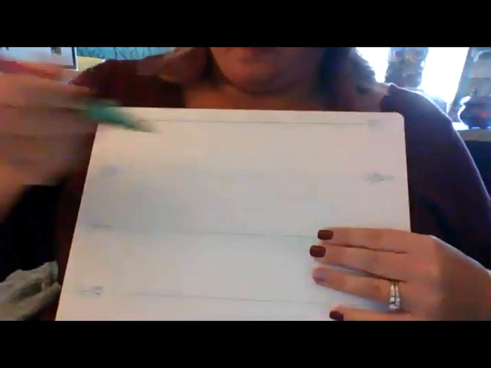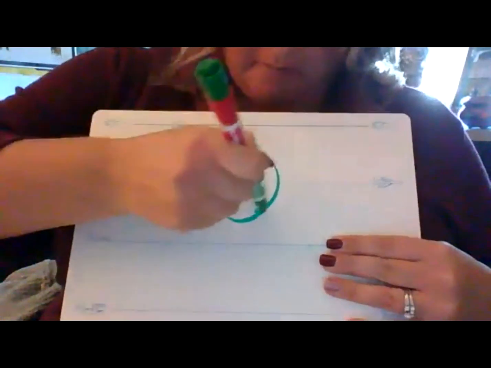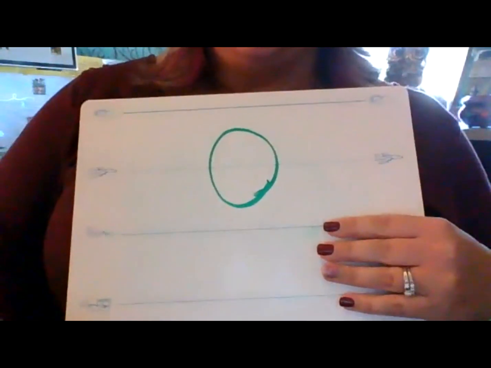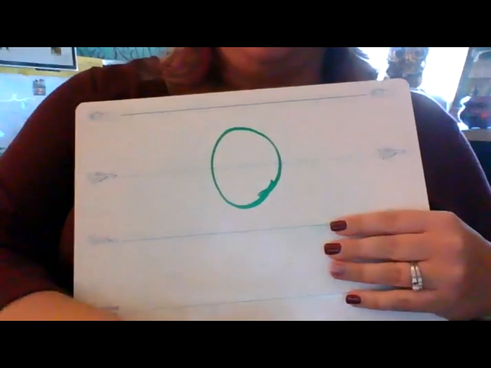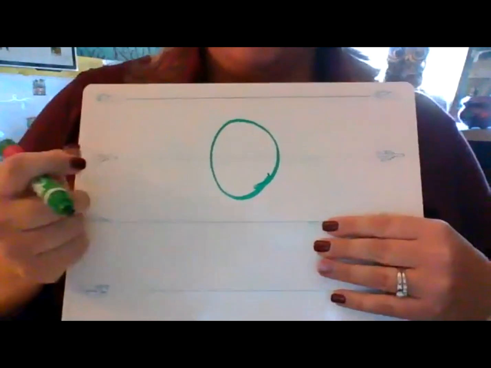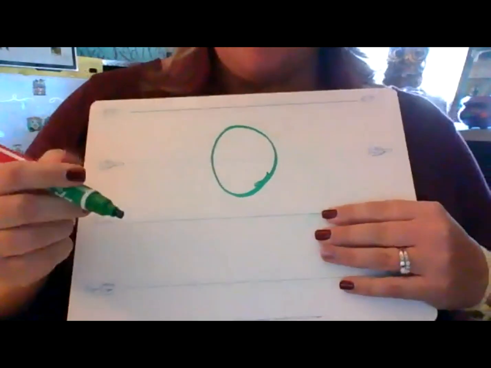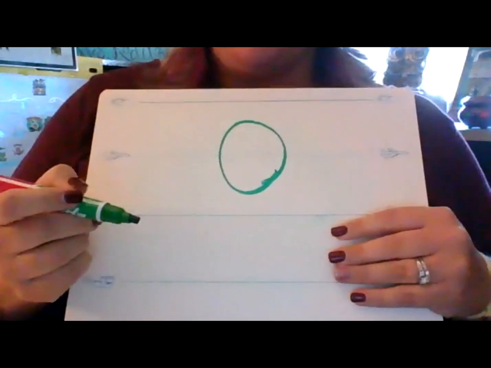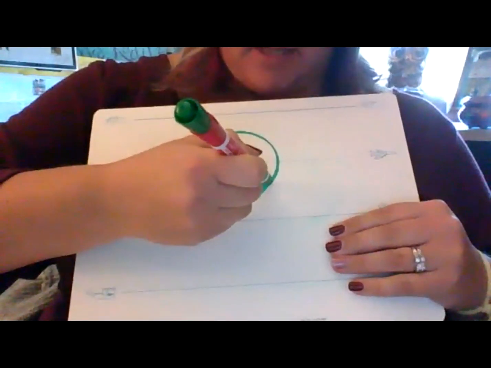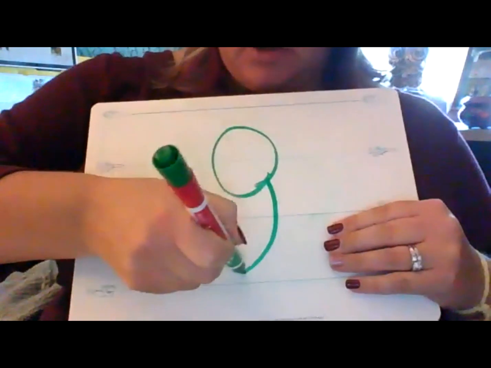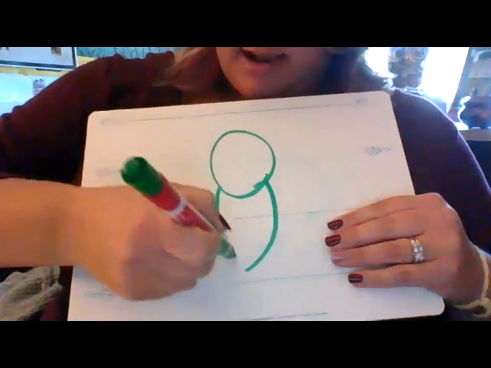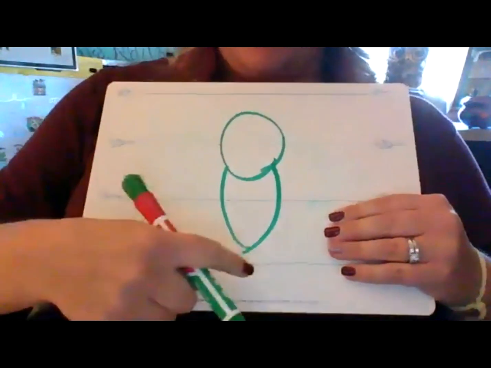Not really a circle. And then we're gonna draw an oval for the body, but this time our oval's kind of gonna look like a pea pod because our baby's gonna be wrapped up in like a blanket. So I'm gonna do a half circle line and then another half circle line, and they meet at the bottom.